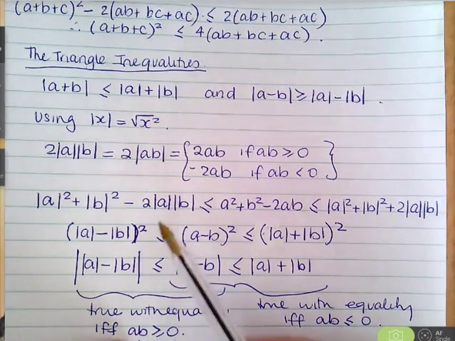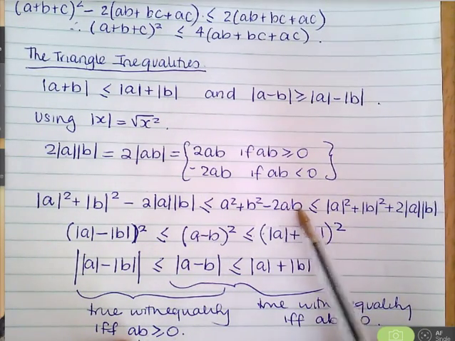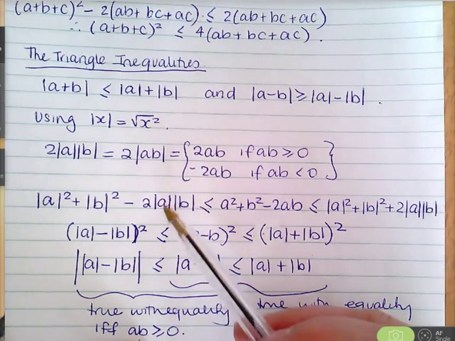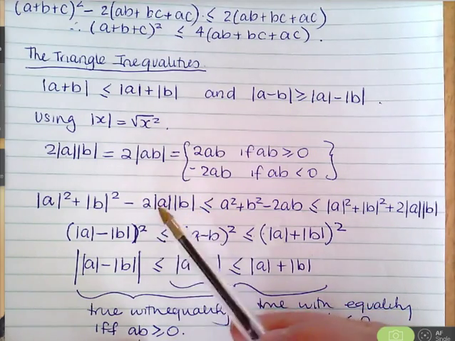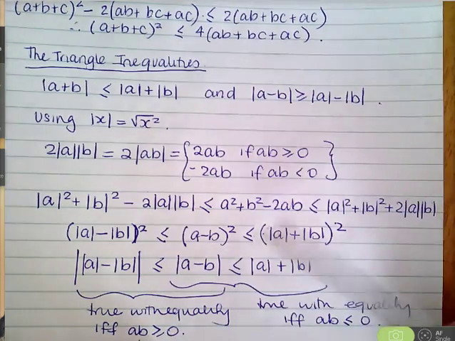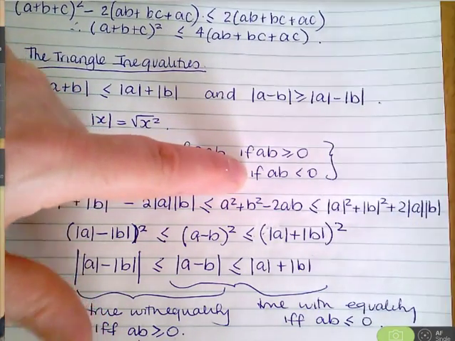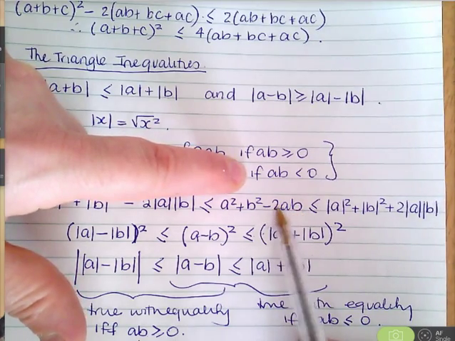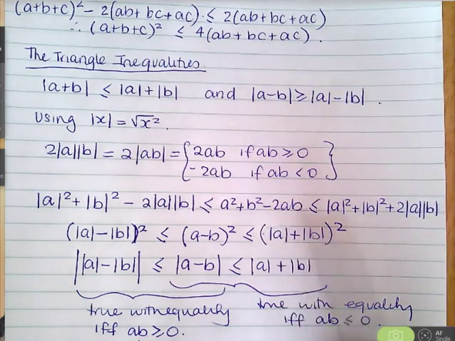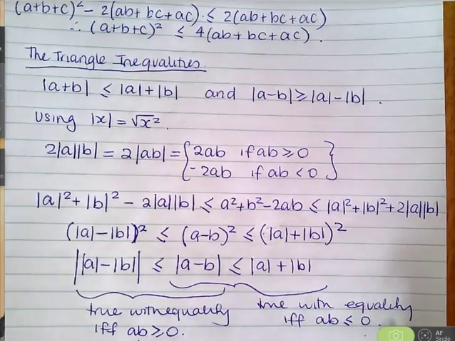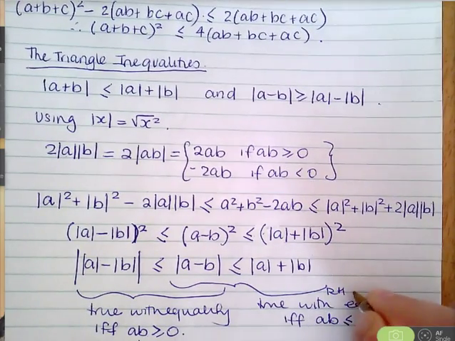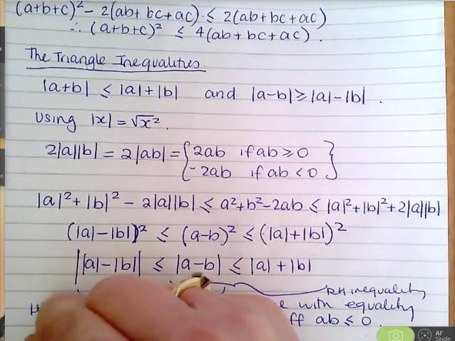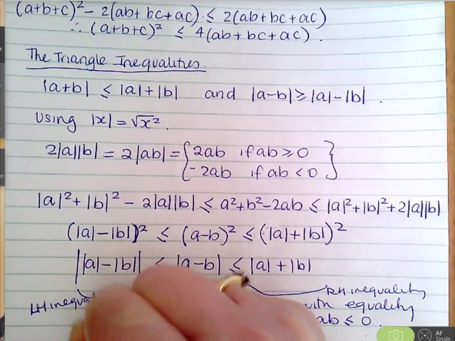Because if you look up here, if ab were positive, you'd get minus 2ab, and if a and b are both positive, you'd get the minus 2ab as well, and that's why you've got equality there. And if you look at this right-hand inequality, you would only get equality if ab here was negative, because a negative 2 times a negative would give you plus 2ab, and that's why you'd have the equality with that right-hand inequality. Okay?